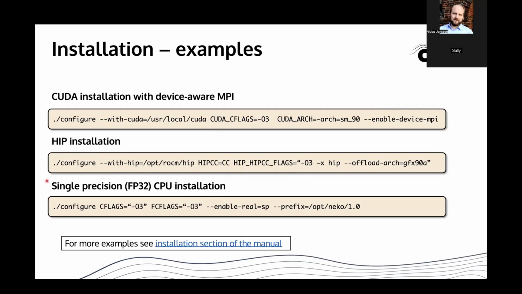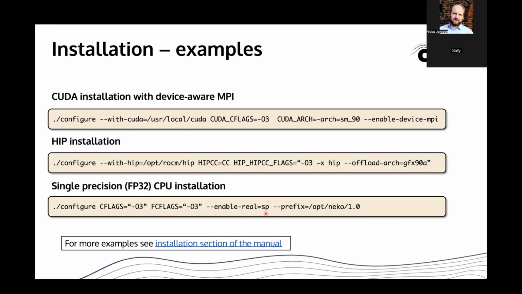And for completeness, if you want to make a CPU build, in this case a single precision CPU build, you just configure, set the C flags and Fortran flags, and the keyword here is that to enable single precision, you enable real equals SP.